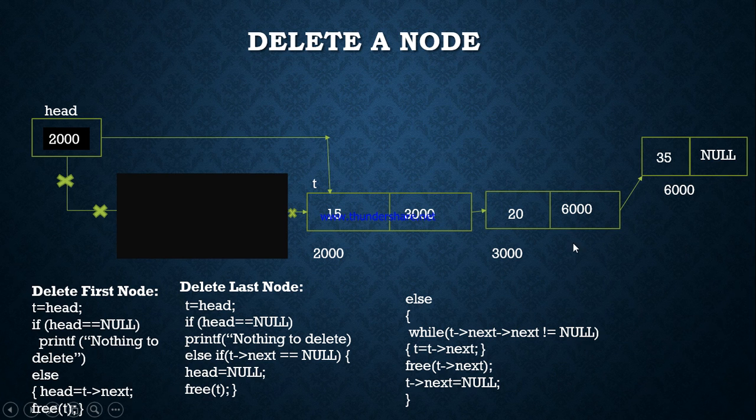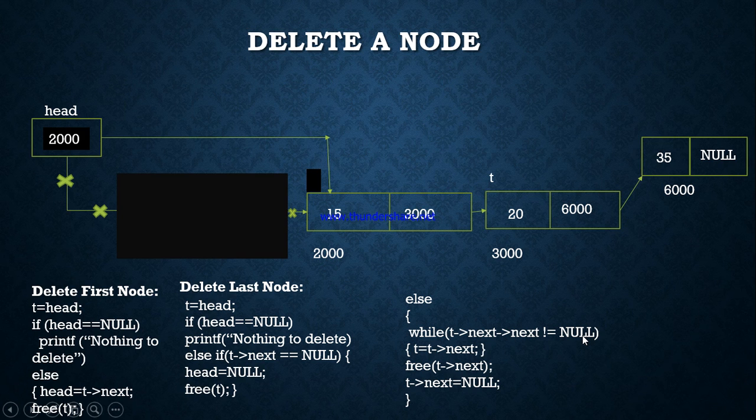Yes, this is 6000, not equal to null. So T equals T of next. So the T value will come to this position, from this node it will point to this node. Now again we check T of next, which is 6000, and its next is nothing but null. So the condition T of next not equal to null is false.